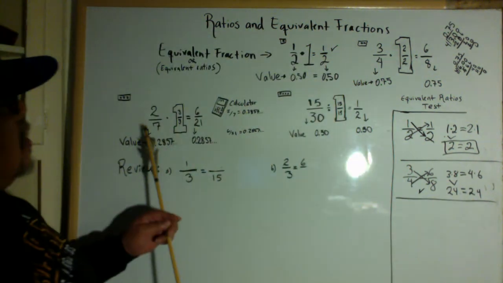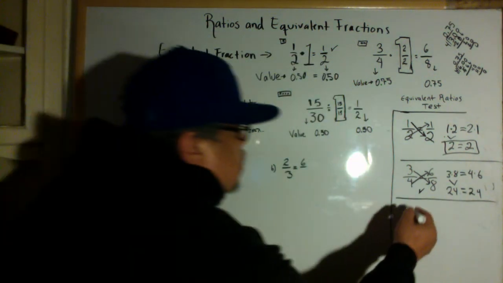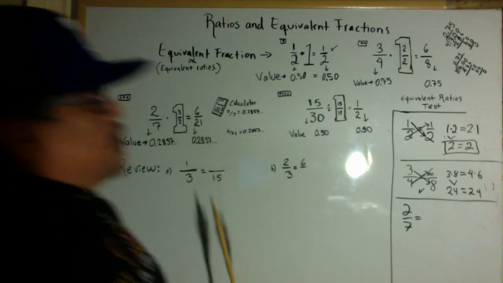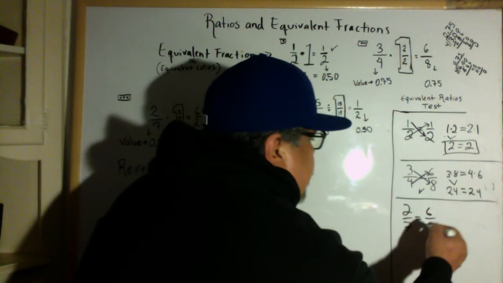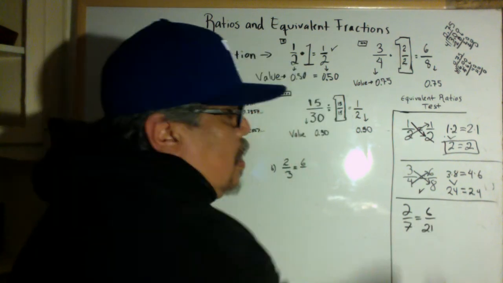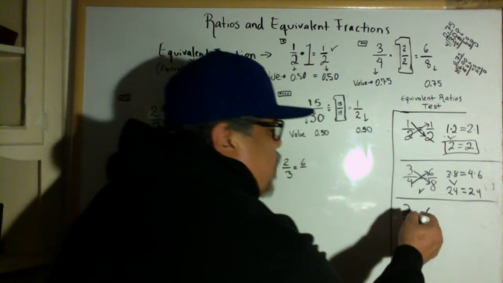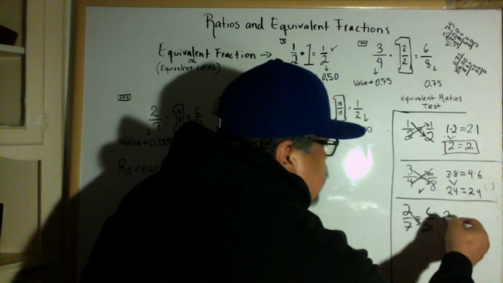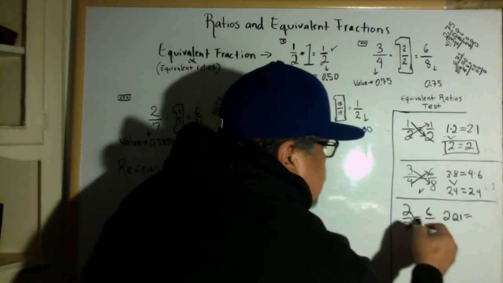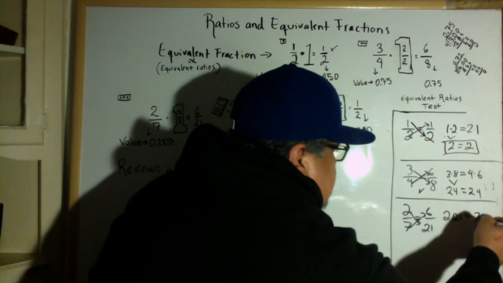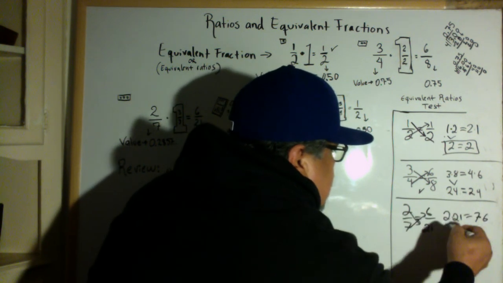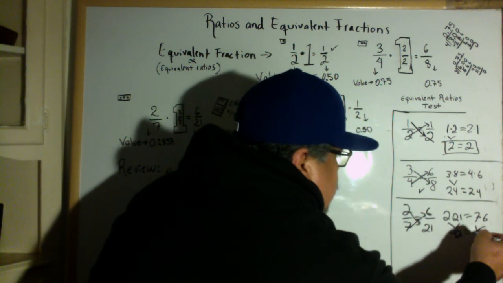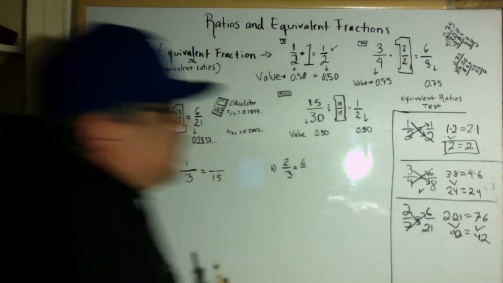Let's look at 2 over 7 equals 6 over 21. If you cross multiply, you're going to find out that 2 times 21 equals 7 times 6. This equals 42, and this equals 42 as well, right?